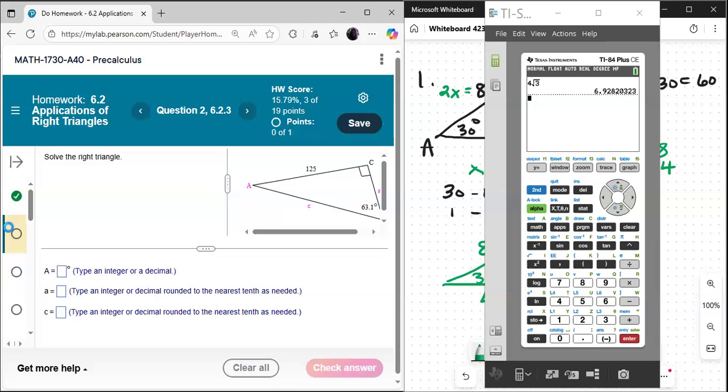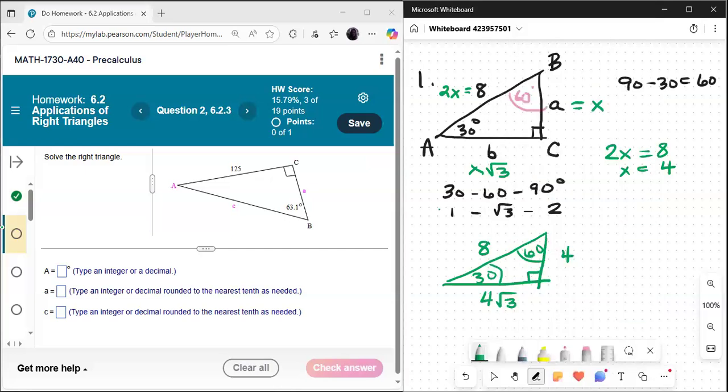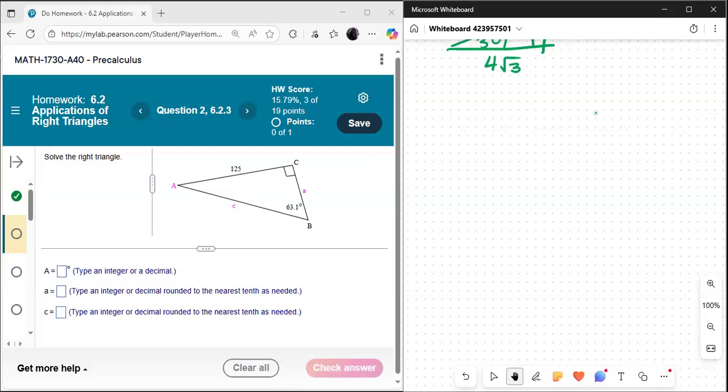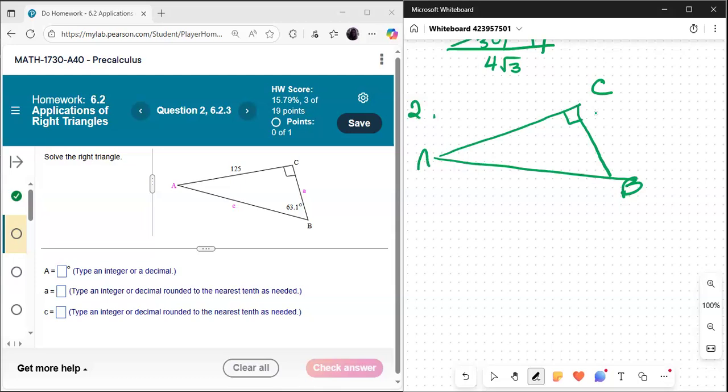Okay, in question 2, solve the triangle. We have the right triangle ABC. C is the hypotenuse. Side B is 125, and so we need to find little a and little c.